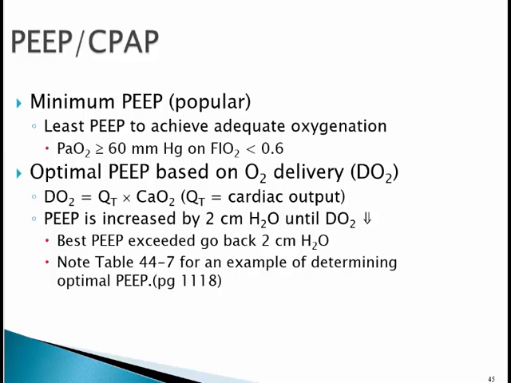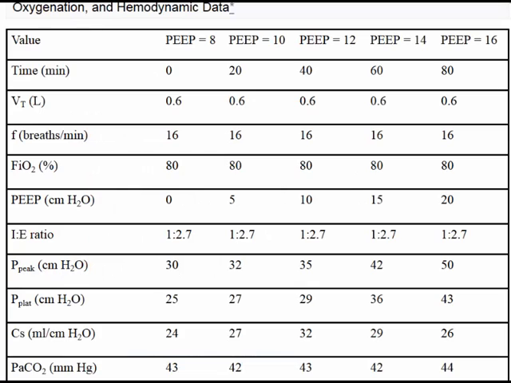Once the best PEEP is exceeded, go back 2 centimeters of water to where you were being successful, and that's your best PEEP. This is table 44-7 on page 1118 of your textbook.